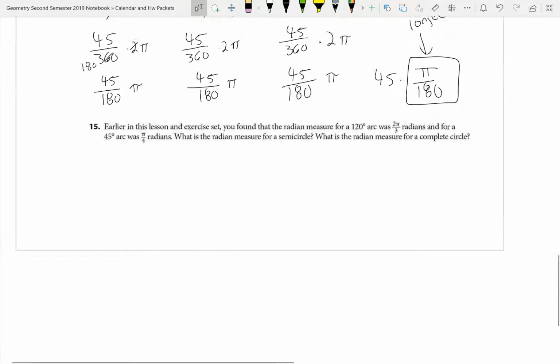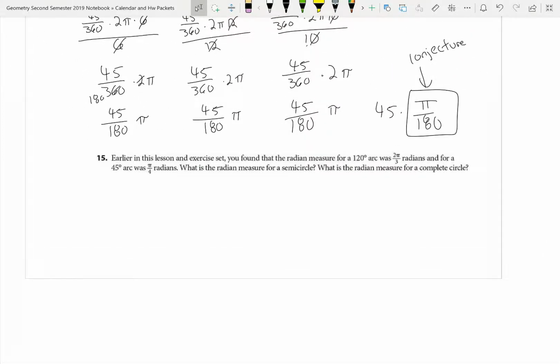So again, if we go back, notice how each of these could be simplified down to pi over 4, because 45 over 180 is 1/4. That's all pi over 4. And 2 pi over 3 came from earlier in the lesson.